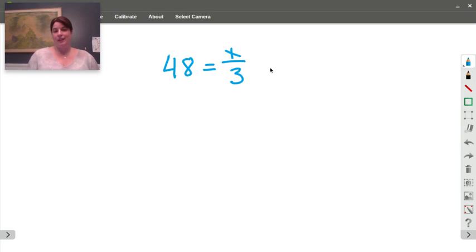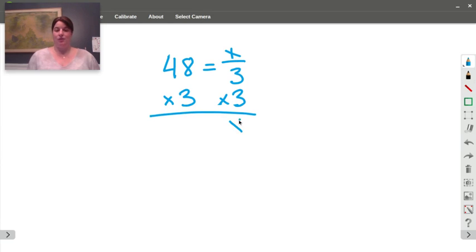Okay? This you solve in the exact same way. You still want to get x all by itself. It doesn't matter if it's all by itself on this side of the equal sign or this side. They're interchangeable. So to get x by itself on one side of the equal sign, doesn't matter which side, we would multiply by 3 and multiply by 3 over here.